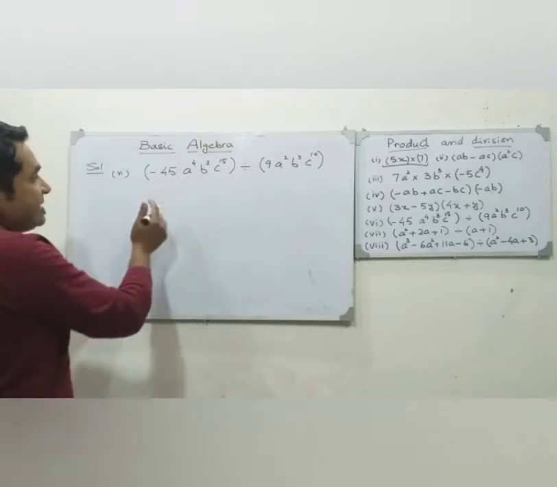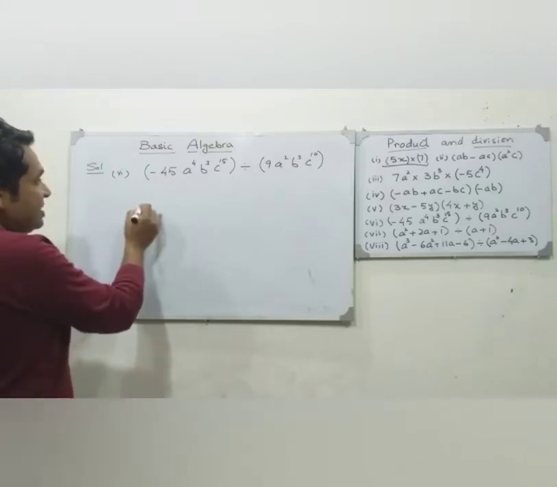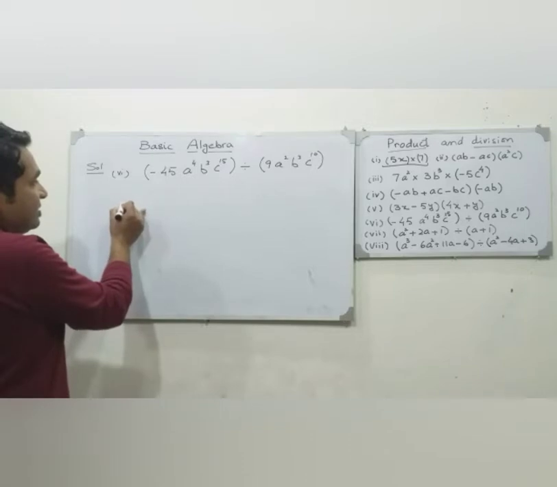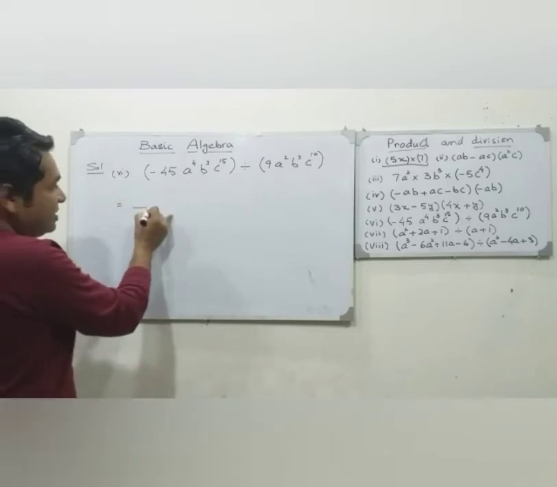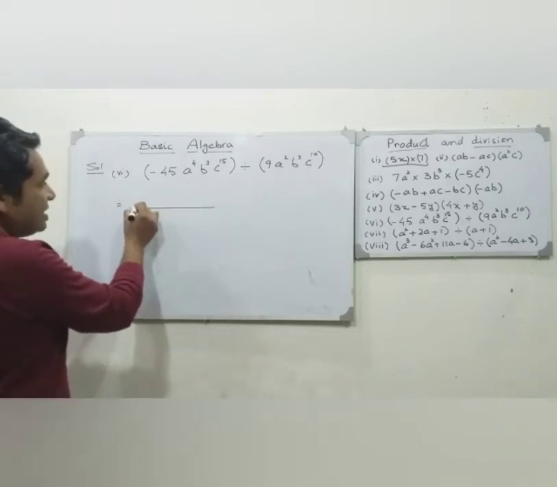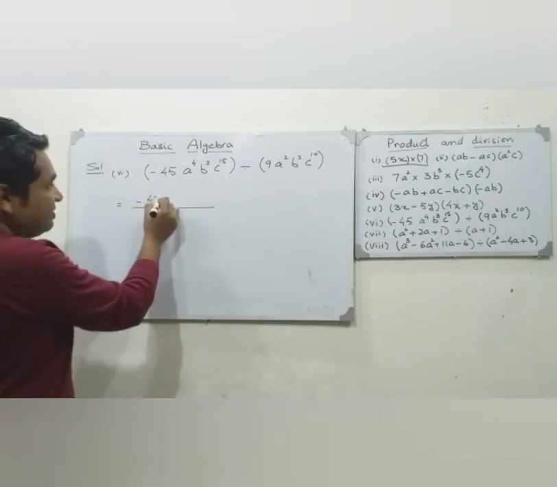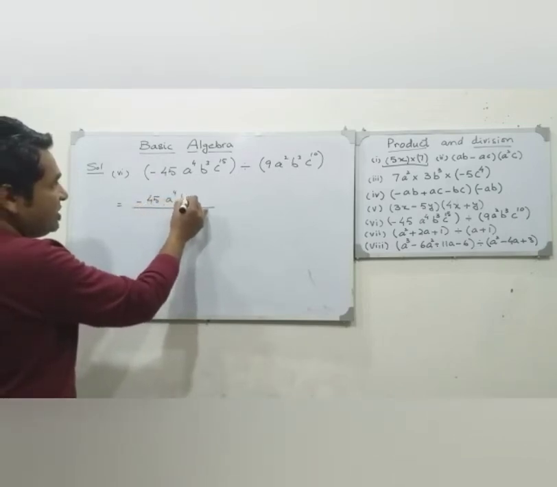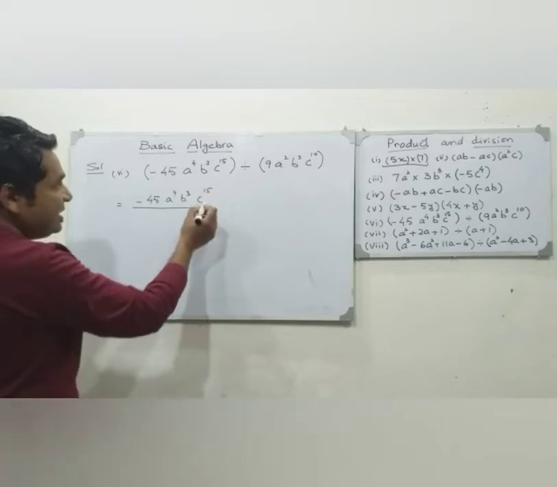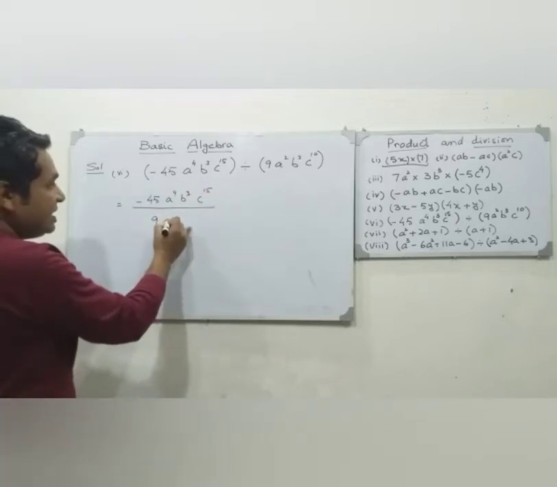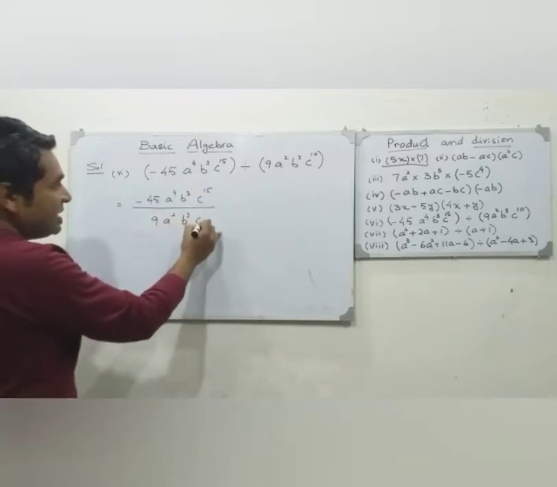Students, you can write it in this form as well, like if we write it in fractional form, we can write minus 45 a^4 b cubed c^15 over 9 a squared b cubed and c^10.